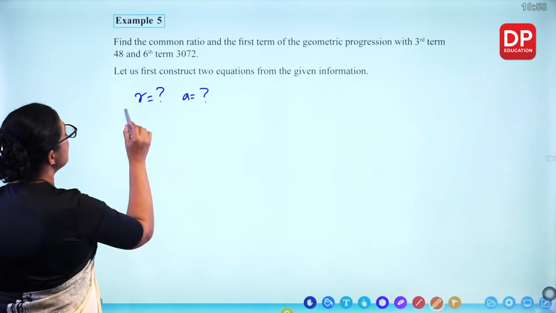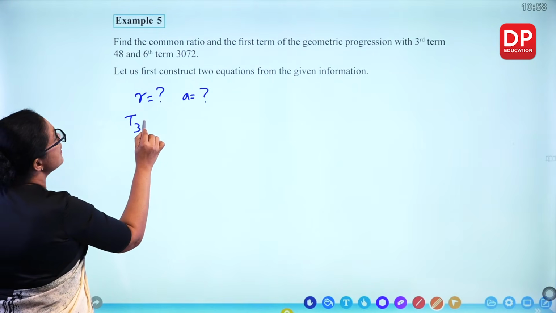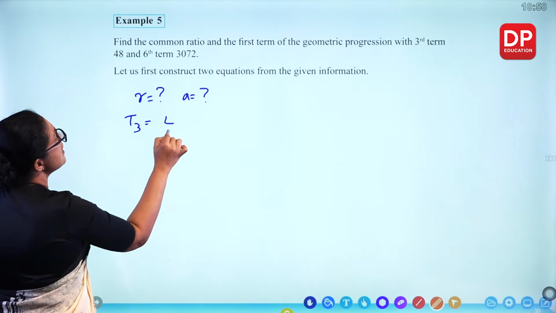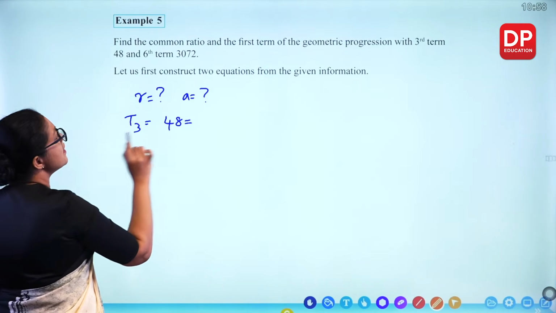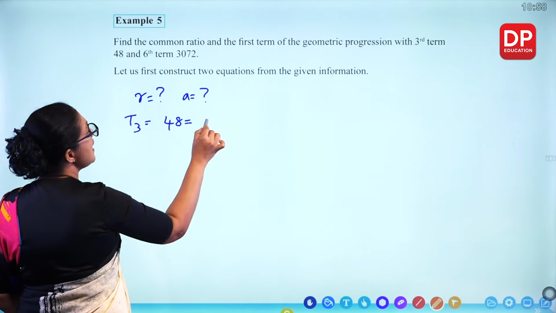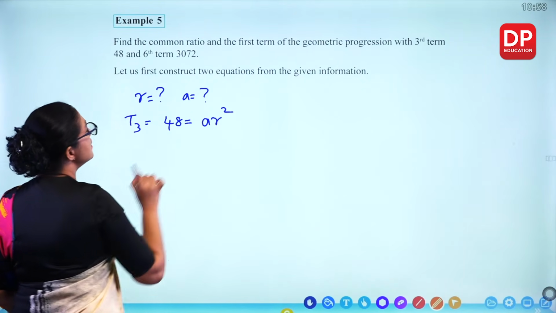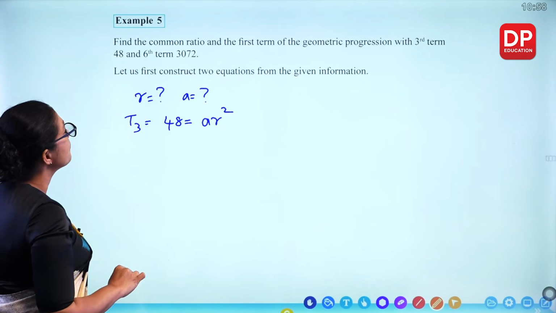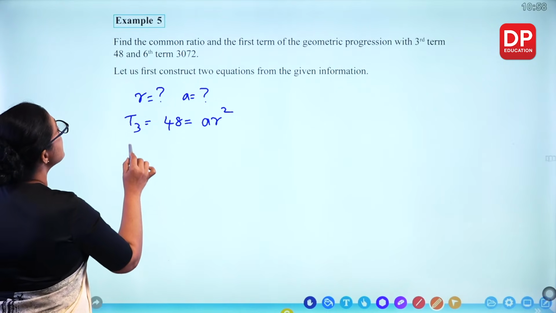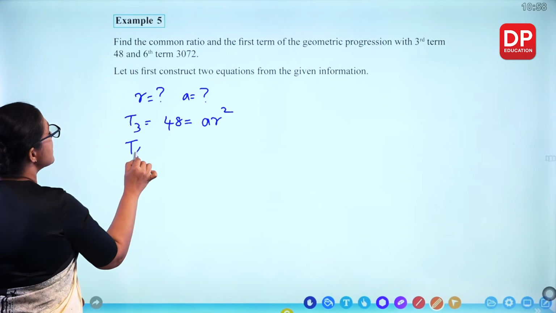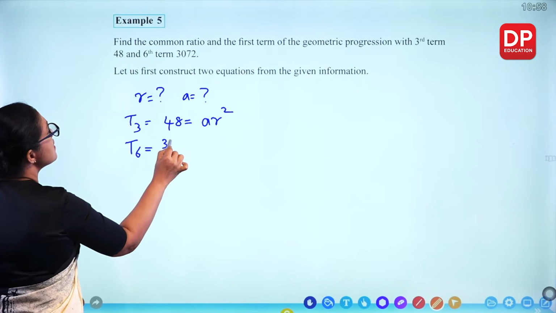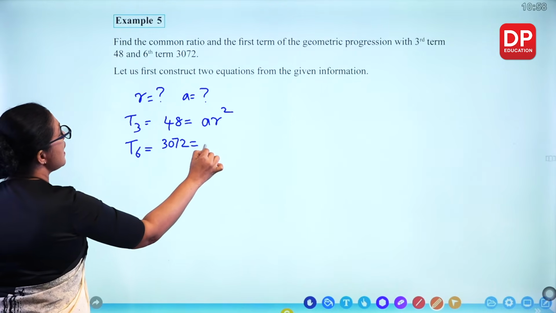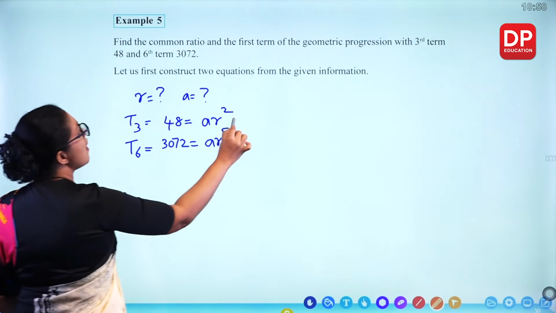So third term, T3 is 48. How do you write T3? AR to the power 2. And what is T6? That's 3072, AR to the power 5.